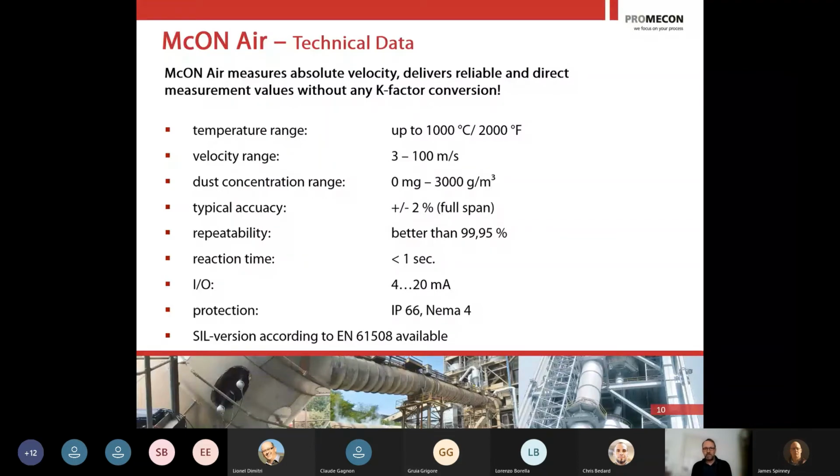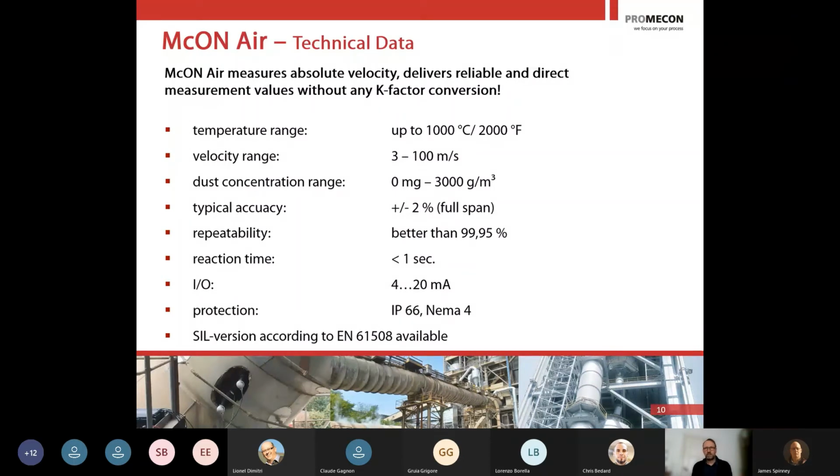The reaction time is around 1 second. For IOs, we have a 4 to 20 milliamp output and the fault signals, and we have an IP66 protection of the board and the sensors.